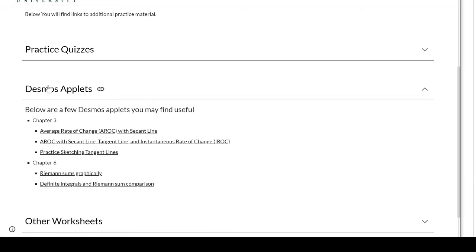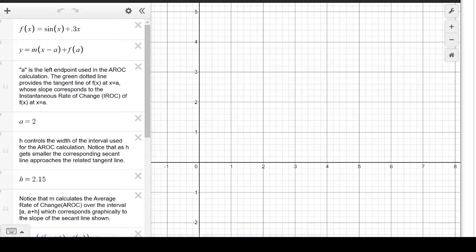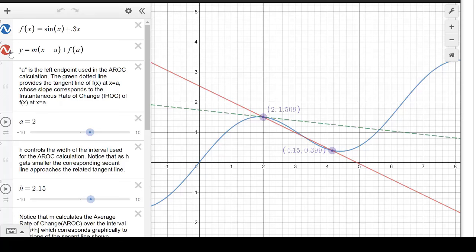Once you click Desmos applets, you can choose from a few different applets, but we're interested in the second one. You can turn different curves on and off by clicking on the colored portion on the leftmost side of the column. You can turn the red line off and so on just by clicking.